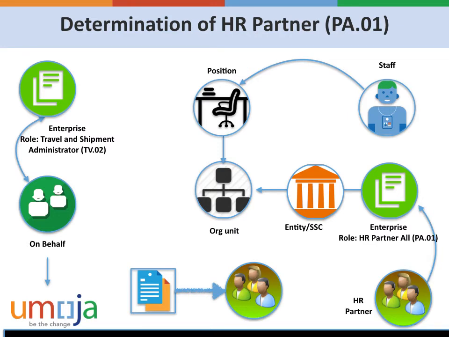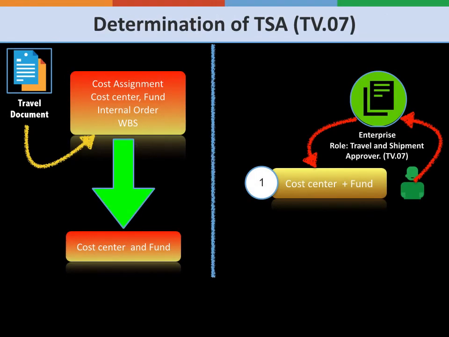This is step 1. Step 2, determination of the TSA, Travel and Shipment Approver. The enterprise role code is TB07. In the travel document, we go to the second block of the cost assignment, which has a cost center, fund, internal order, or WBS. Whatever the cost assignment is, the system first deciphers the cost center and fund, and it goes into the partner relationship table.